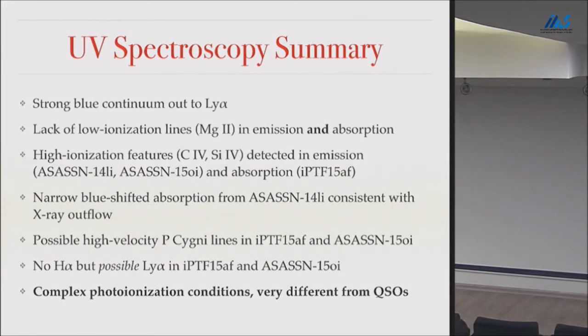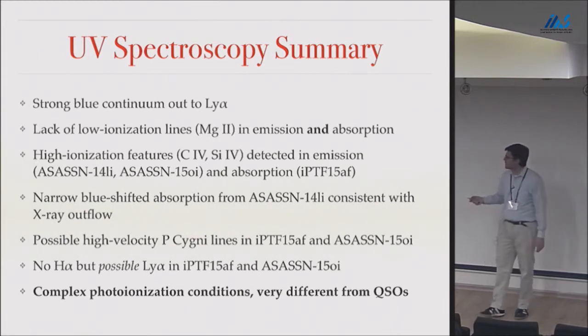We're going through now and trying to do the actual detailed Cloudy-like modeling. It's not the ideal approach because these things are perhaps not as static as Cloudy might assume. But we can say: strong blue continuum all the way out to Lyman alpha, bluer than seen in the canonical quasar spectrum, and a lack of low ionization lines in emission and absorption.